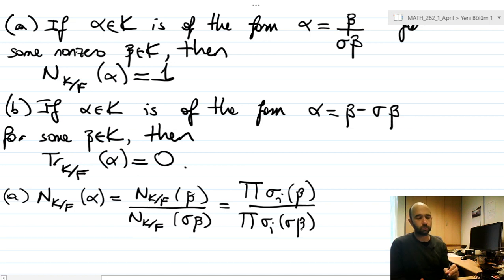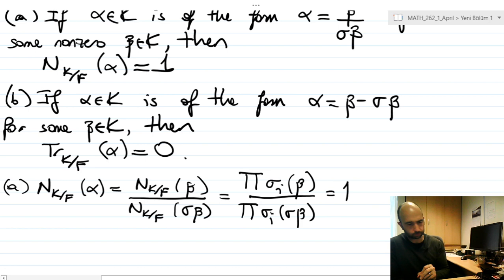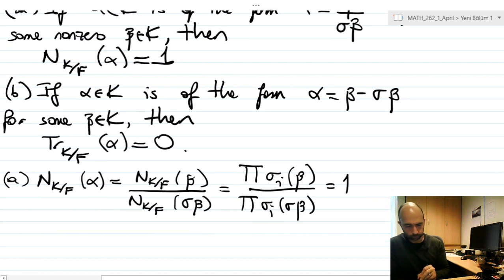But then again, it's the usual story. The sigma i's composed on the left or right will again give you distinct representatives. So this is going to give you 1.